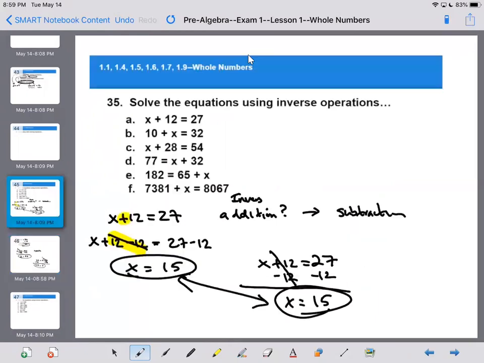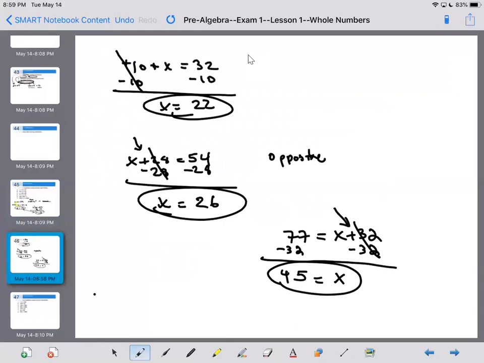Finally, let's look at 182 equals 65 plus x. See 65 is positive, so I'm just going to subtract 65 to both sides. I'm going to get 117 equals x.